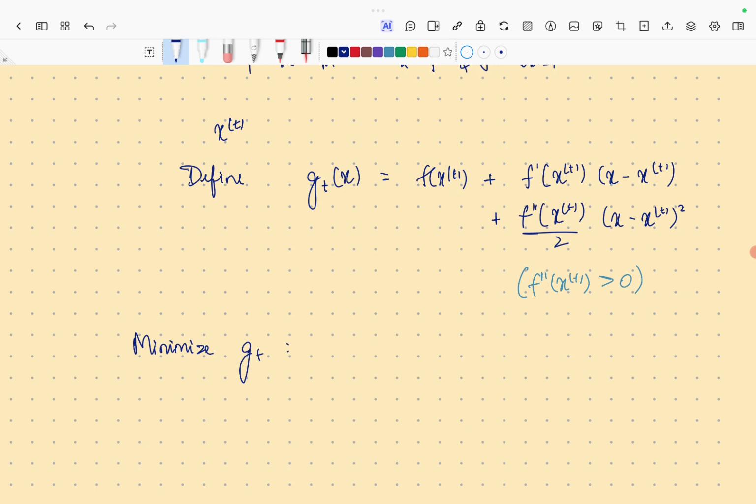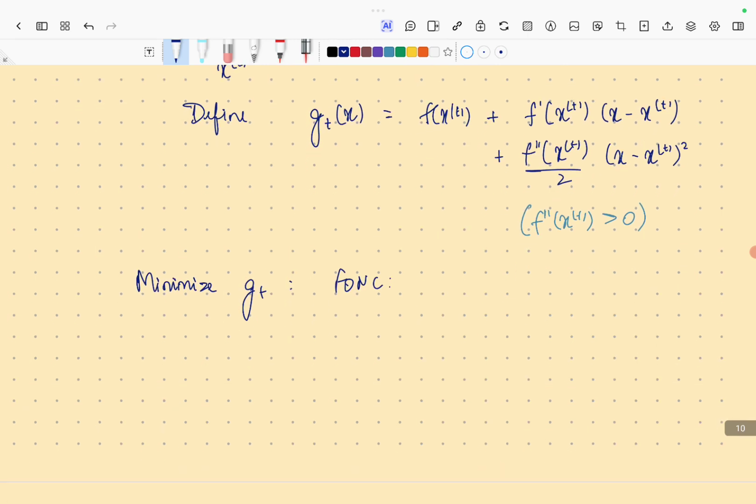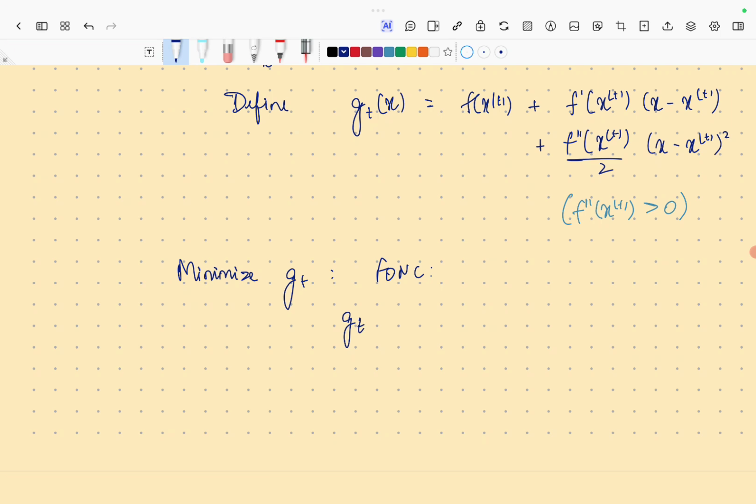What are they? It's just a function over R, right? So the derivative should be equal to 0. So you just use the first order necessary condition, which also happens to be sufficient for convex functions. So you set g t prime of x to be equal to 0.